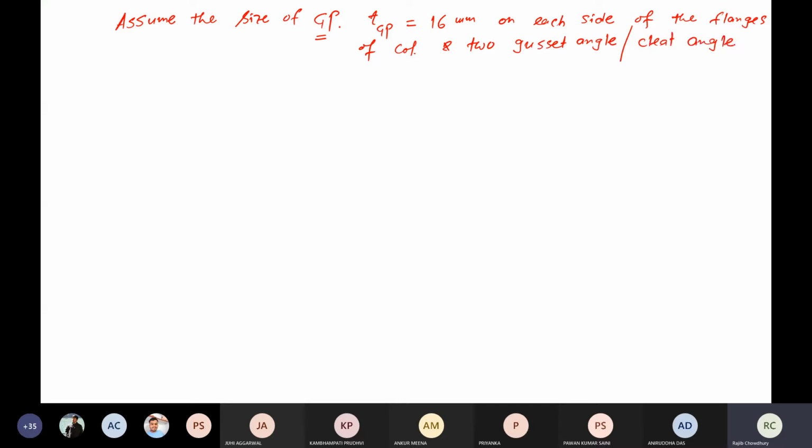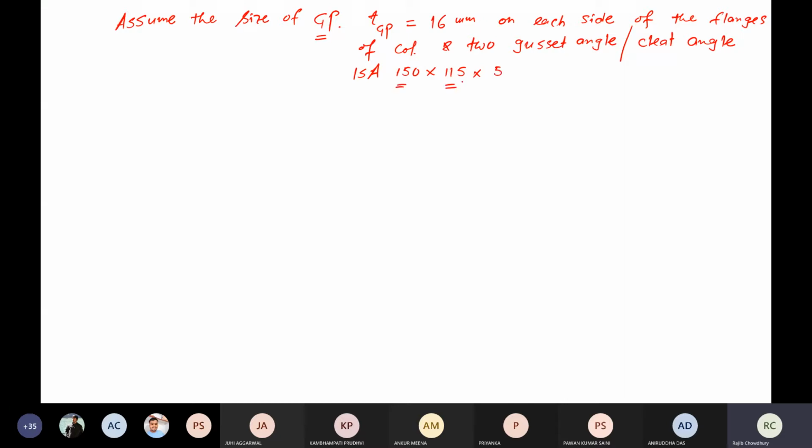We used to say cleat angle of size ISA 150 by 115 by 5, because the two legs are different in length.